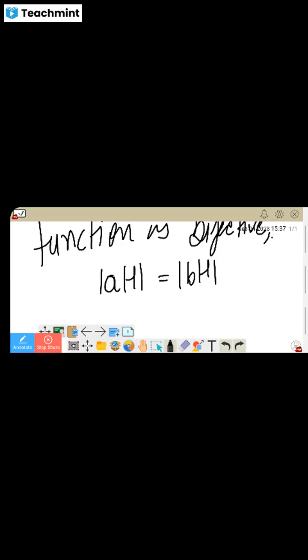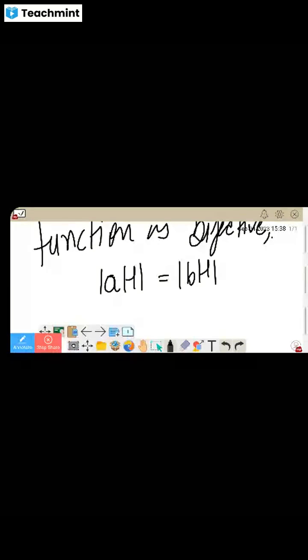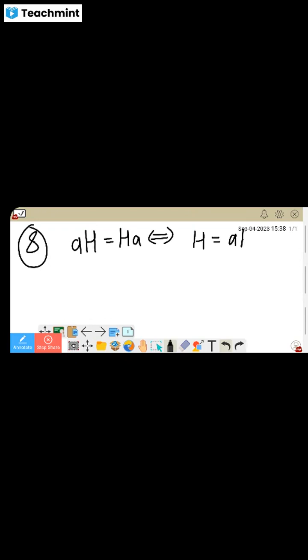So let's do 8. aH is equal to Ha if and only if H is equal to aHa inverse.